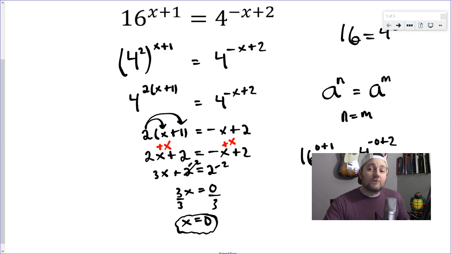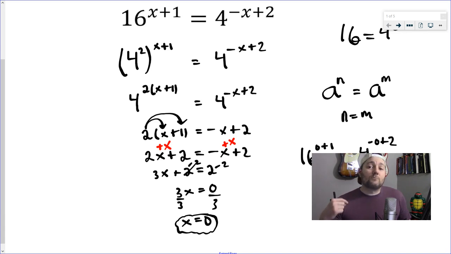And these two sides should equal each other if we did it right. So we've got 16 to the 1. Well, that's 16. And then we've got 4 squared, which is 16. So we've got both sides equal to each other. We have a correct answer. All right, so the answer to this question is x equals 0.